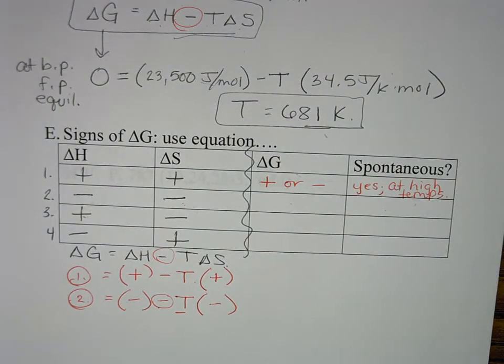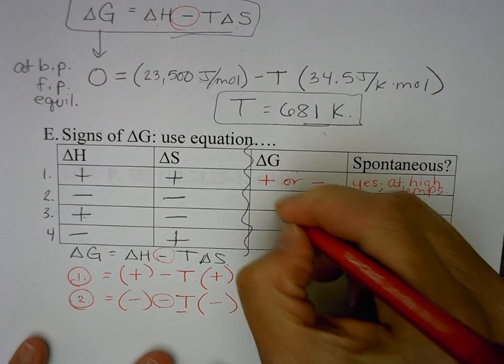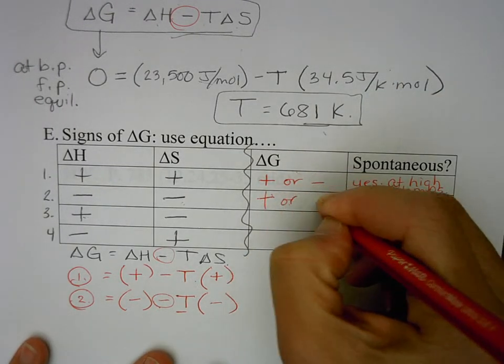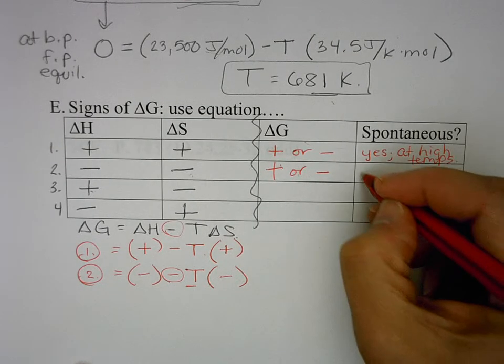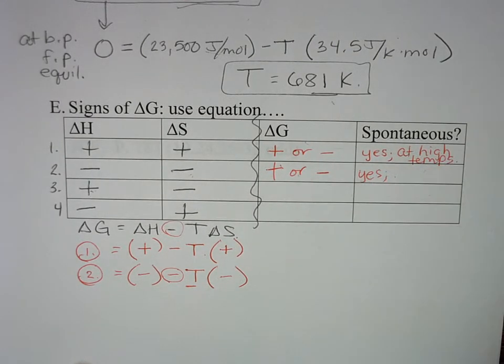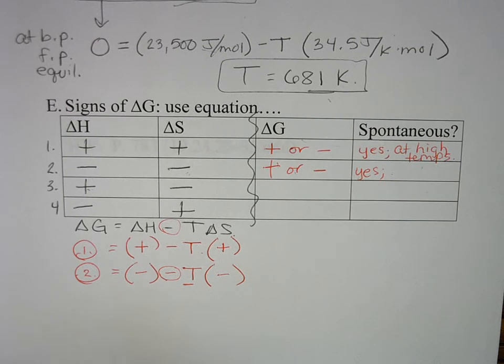Okay, so for number 2, do you get a positive or a negative answer, or can you get both? Both, positive or negative. At high or low temperatures? This one's low temperatures.